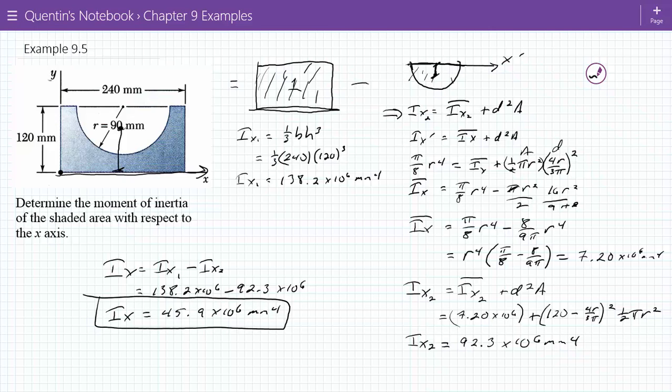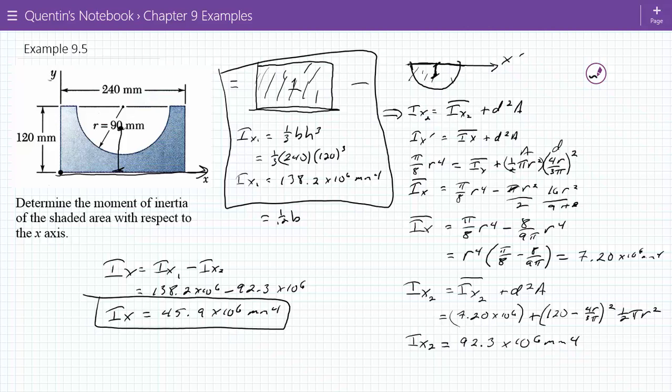So this is a good example. This one is pretty straightforward. Now you notice I didn't use 1/12. I could have, so just for giggles so that everyone can see it: 1/12 b h cubed, and then plus d squared times a. So in this case, it's going to be 1/12 times the base, which is, sorry, the base is 240, and the height is 120 cubed.